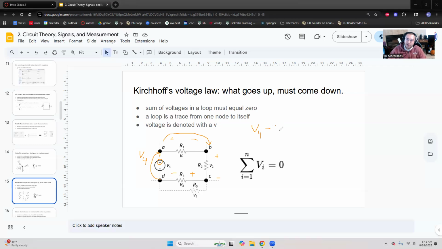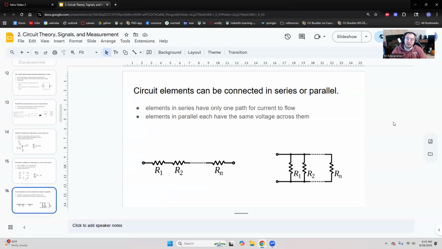So minus V1, and then I keep walking from B to C, and I've gone down V2, and now I walk from C back to D, and I've gone down a voltage of V3. And so this will all sum to 0. So hopefully that's clear. If it's not, there are a lot of good, helpful online resources that can walk you through Kirchhoff's voltage law and Kirchhoff's current law in more detail.